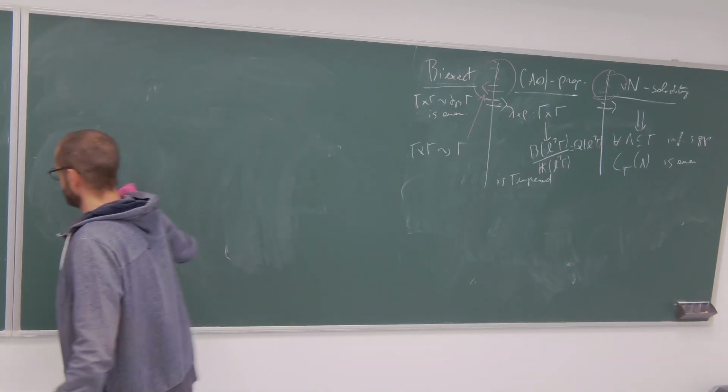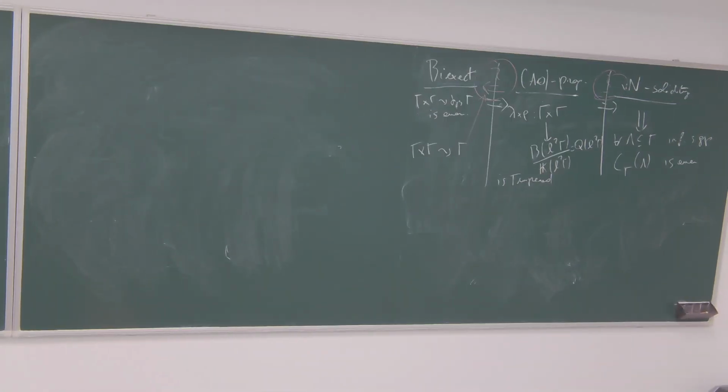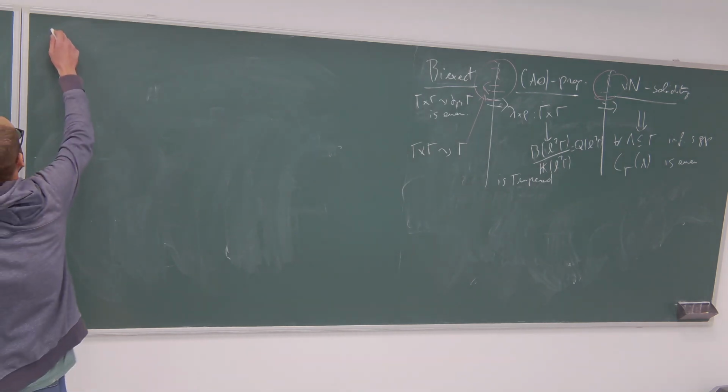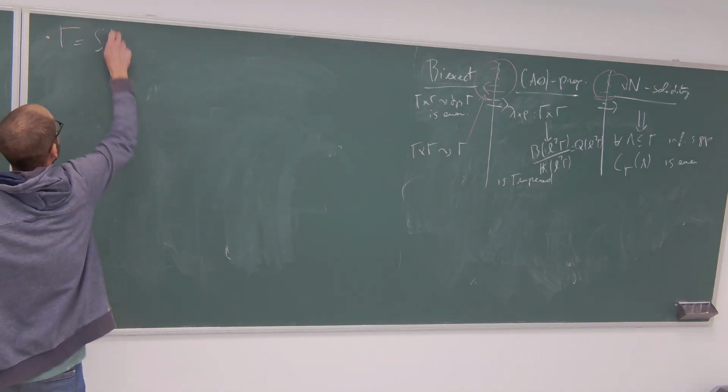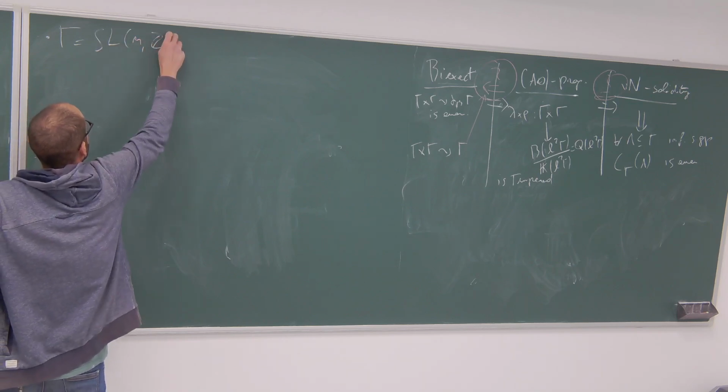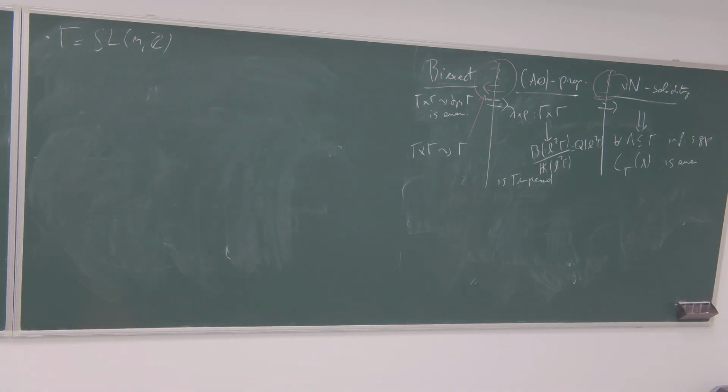So in order to describe this approach, I want to focus on a particular class of examples. The class of examples are our favorite groups, that are SL_n(Z). So let's see what happens for these groups at this level.